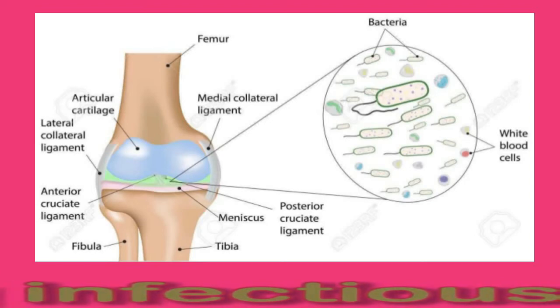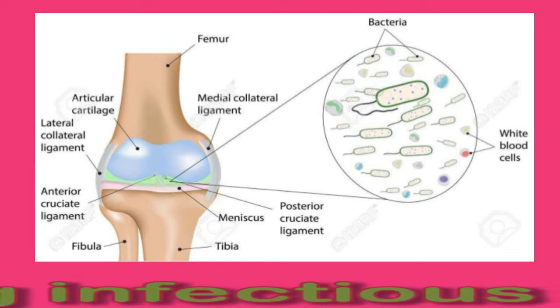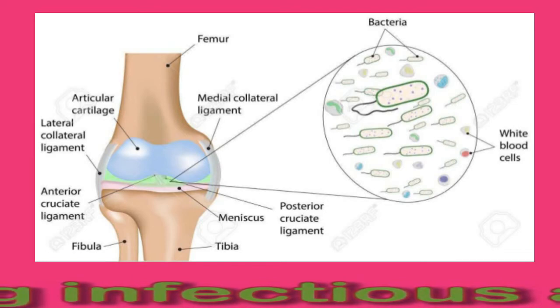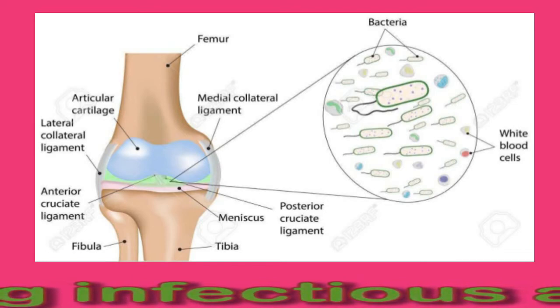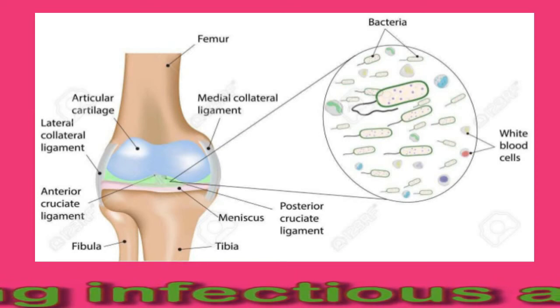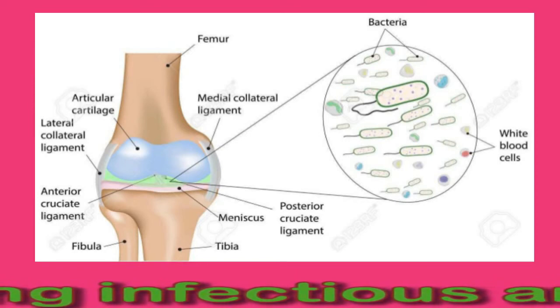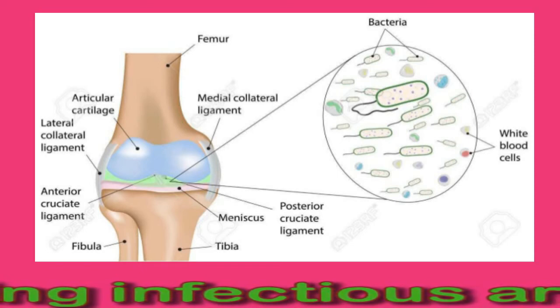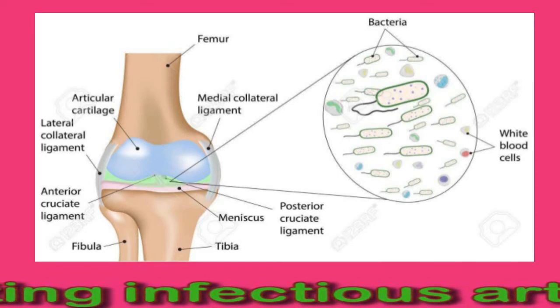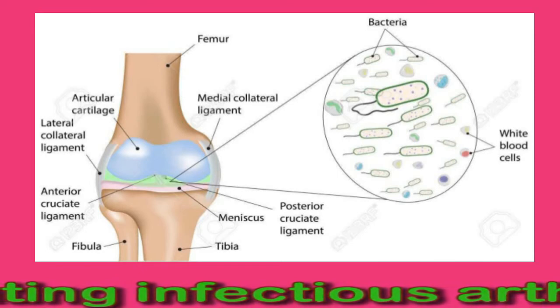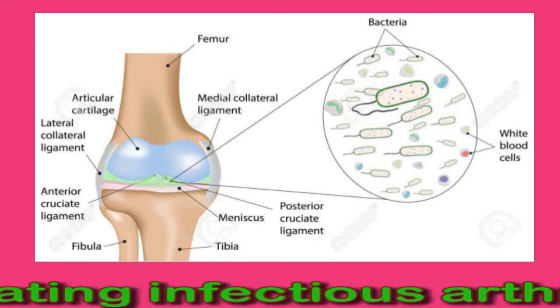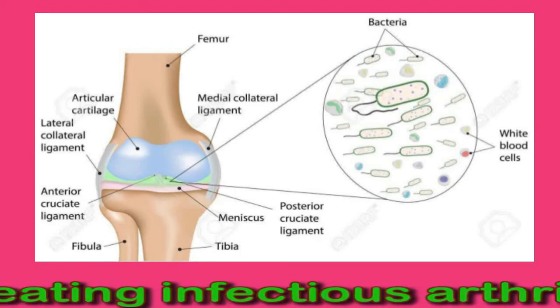If bacteria are responsible for the infection, doctors will usually prescribe antibiotics. People should take antibiotics as early as possible to reduce the risk of permanent damage. People can take antibiotics as an oral treatment over several weeks. A full course of treatment can take up to 6 to 8 weeks to complete.